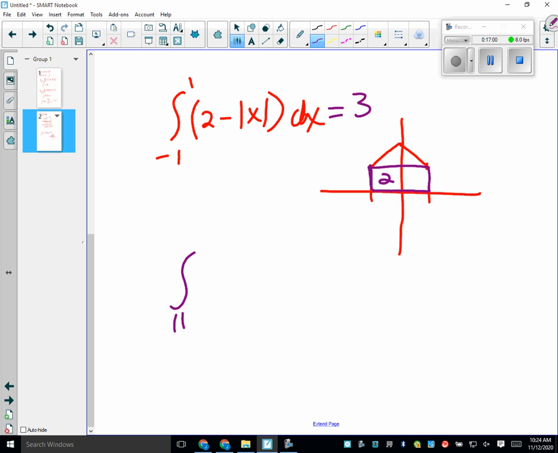I can do this. Oh, there's a circle on this now. Those are called theta.